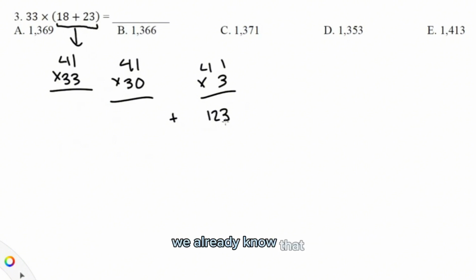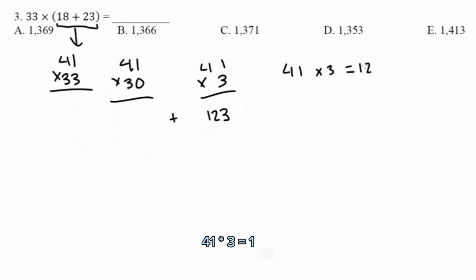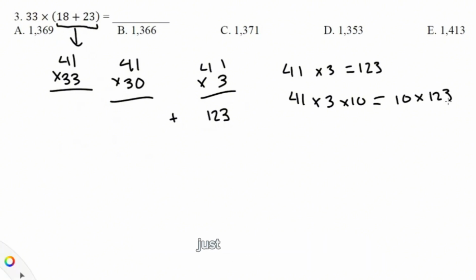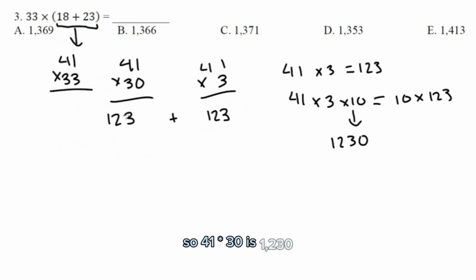We already know that 41 times 3 equals 123, which means 41 times 3 times 10 is going to equal 10 times 123. When you multiply a number by 10, it's just adding a 0. So this equates to 1,230. So 41 times 30 is 1,230.